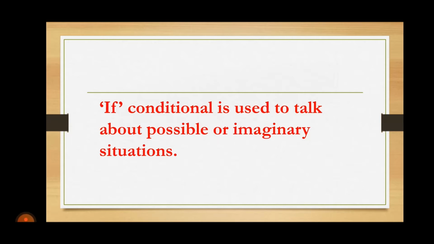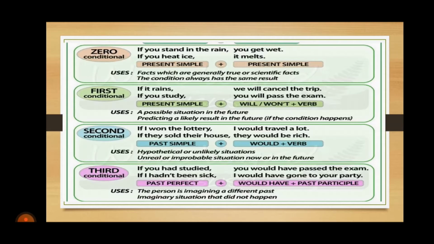If you take the zero type, most probably you'll talk only about the possible sentences, situations. But the other three patterns, most probably are imaginary patterns or imaginary sentence types. And that's what we are going to see, my dear students.